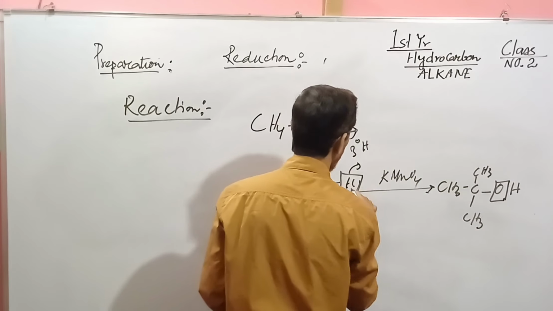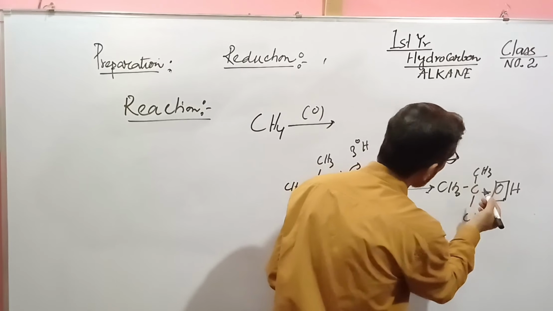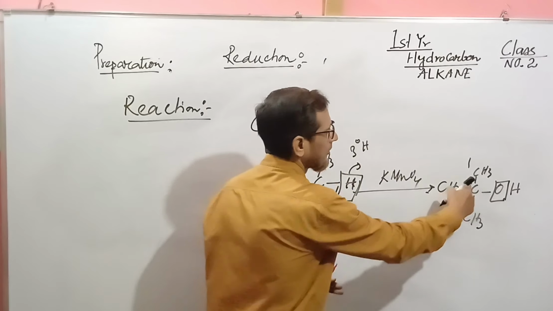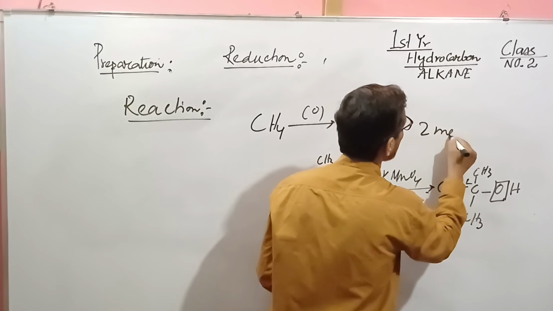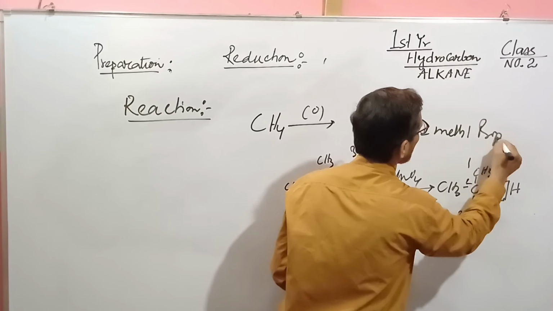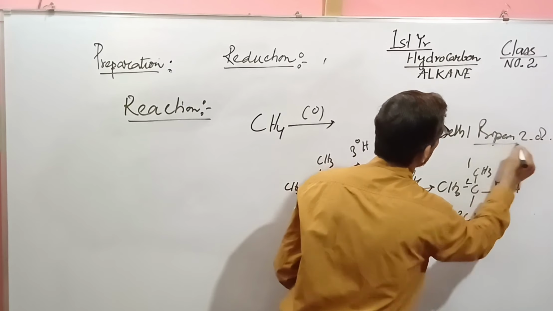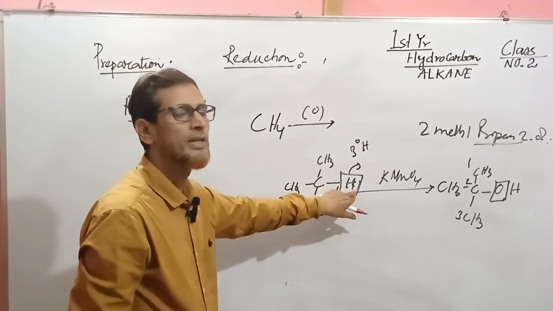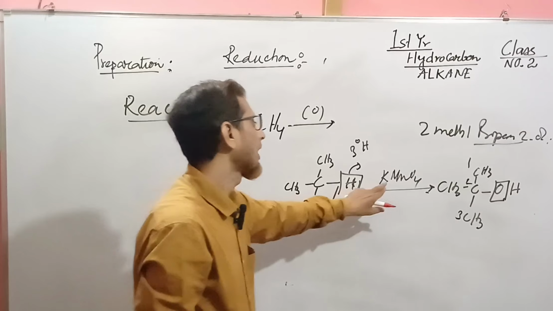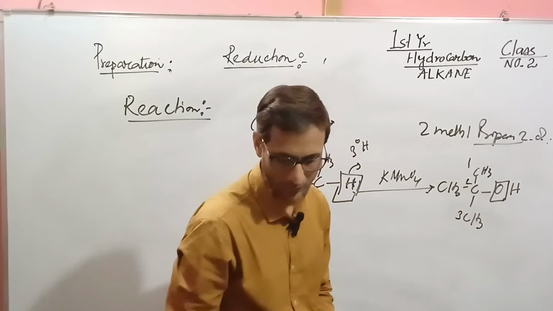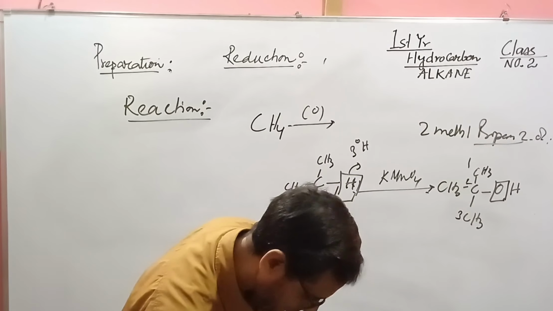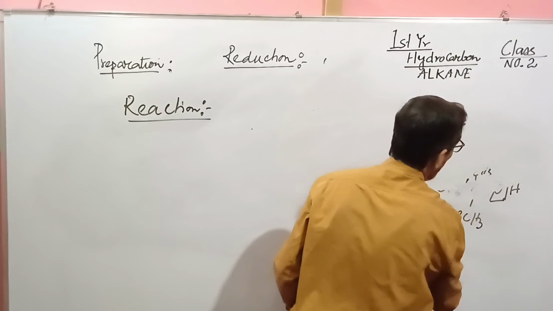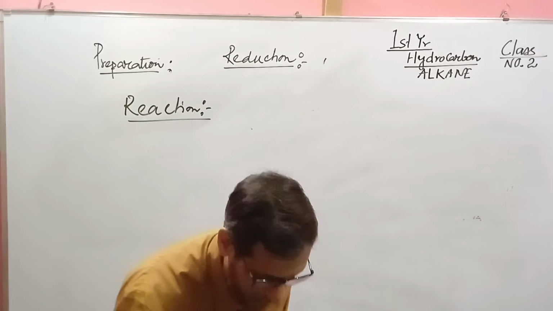Just there will be O. You can name it yourself, 2 methyl propane 2 ol. Mind that alkane easily doesn't undergo oxidation. If there is a 3 degree hydrogen, it undergoes oxidation to give you alcohol. So this is all about the combustion or oxidation part.